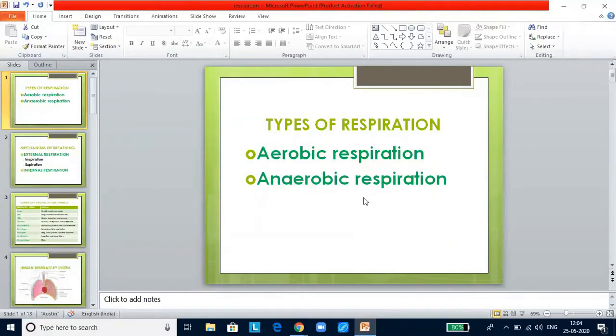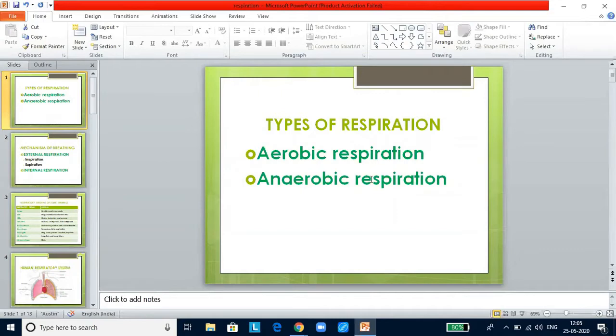Example, anaerobic bacteria, yeast, parasitic worms like Ascaris, Taenia, Fasciola, etc. In microorganisms, the term fermentation is more commonly used in place of anaerobic respiration, which is defined as the anaerobic breakdown of carbohydrates and other organic compounds into alcohols, organic acids, gases, etc., with the help of microorganisms or their enzymes.